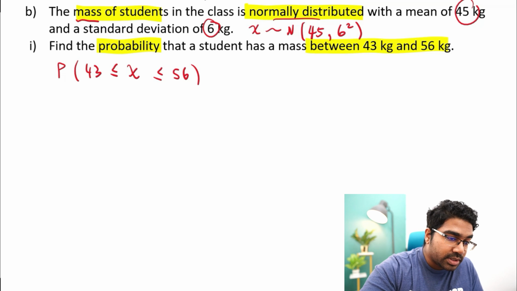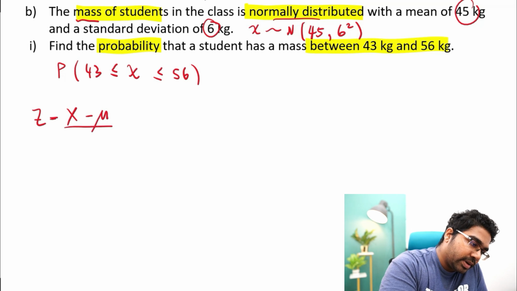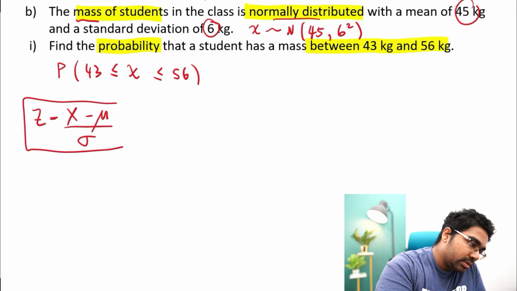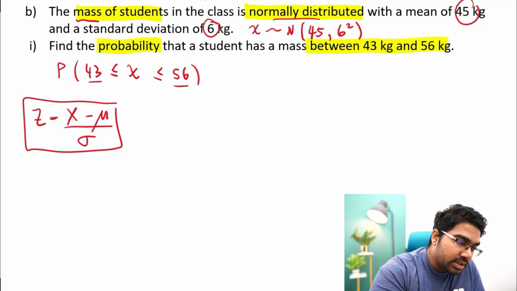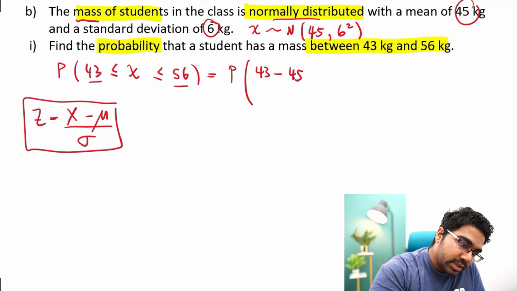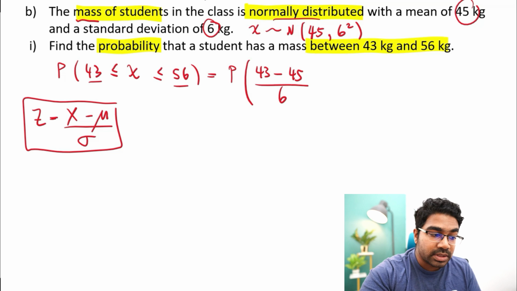So what are the z-scores here? The z-score formula to convert is z equals our data minus the mean of the data, divided by the standard deviation of the data. This is the formula that we use to convert our x-scores into z-scores. So this is equal to the probability of 43 minus the mean, which is 45, over the standard deviation, which is 6. Please remember, this is standard deviation, not variance. So it's 6.